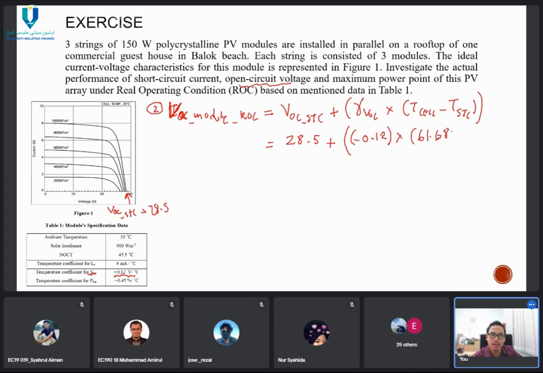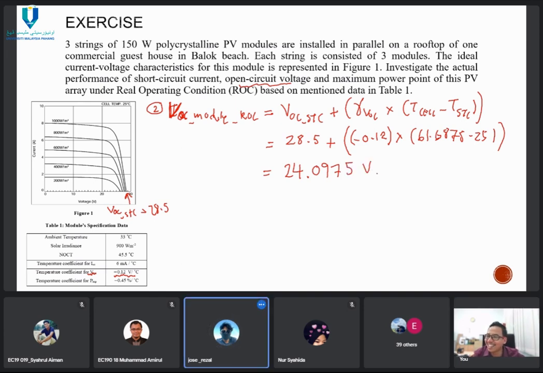Okay lah. 25. Okay, so how much is it? Ada 24.0975. Ulang balik. 24.0975. Tak tahu betul tidak ni. Betul tak? Siapa dapat yang ni?